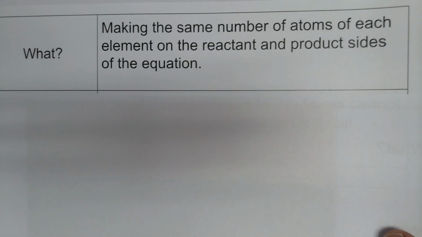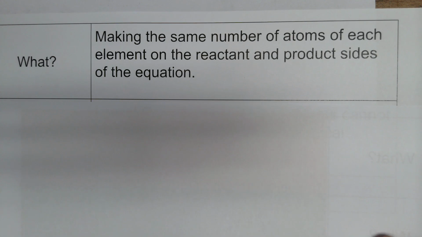First of all, write this down on your previous sheet. We want to talk about the what, the why, and the how of balancing equations. What is the what? If there was a test and I asked you, what is a balanced equation?